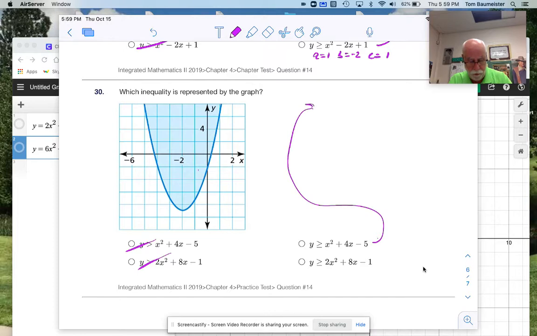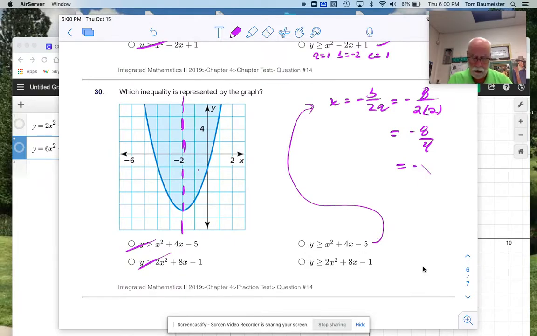It looks like our axis of symmetry should be at negative 2, right? So our x is equal to negative b over 2a, which in this case would be negative 8 over 2 times 2, which would be negative 8 divided by 4, which would be negative 2.